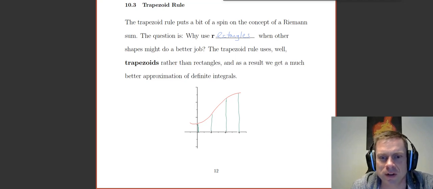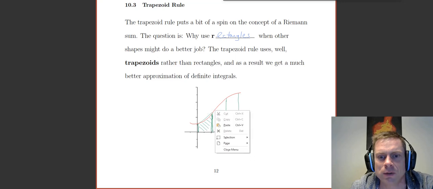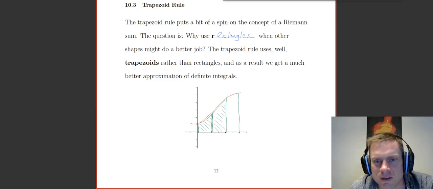So the first quantity that I'm going to be using in this estimate is going to be the area of that trapezoid right here. And then the next one is going to join those two together. See, my ability to draw straight lines on a document camera in front of the class is just much further well developed than this right here.